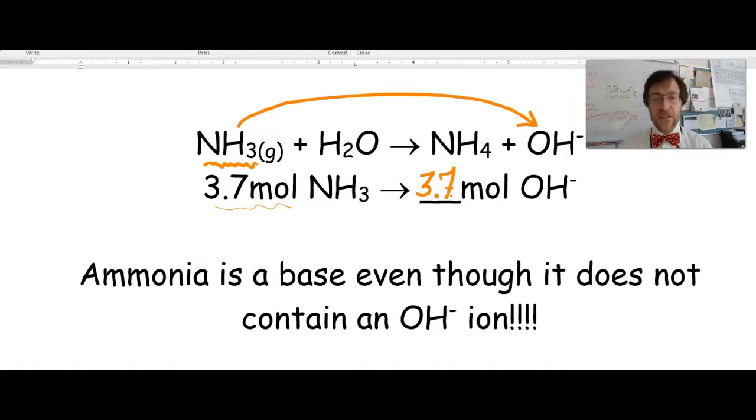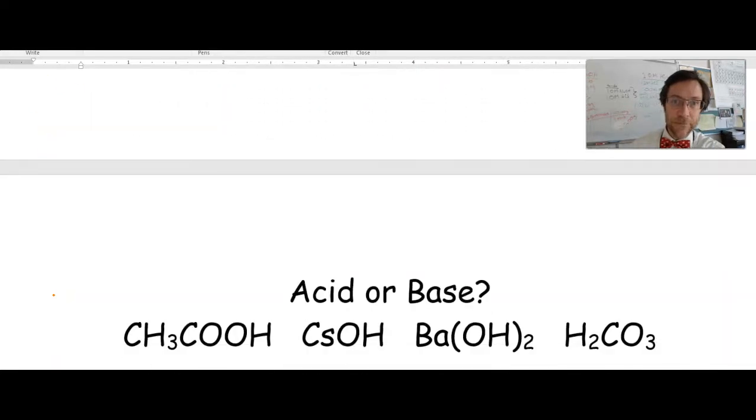Now this is one of those cases where ammonia is a base even though it does not contain the hydroxide ion in itself, but when it dissolves in water, it does indeed produce a hydroxide ion. And that's the definition of a base: anything that makes a hydroxide ion when you put it in water. So ammonia is a base even though it doesn't have any hydroxide in it, which is weird.